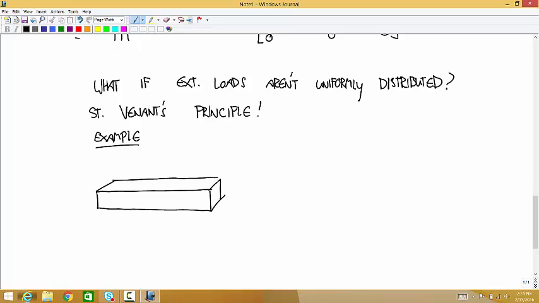Okay, so let's say you have this bar with 50,000 newtons applied as a point force there, and 50,000 newtons applied as a point force there.